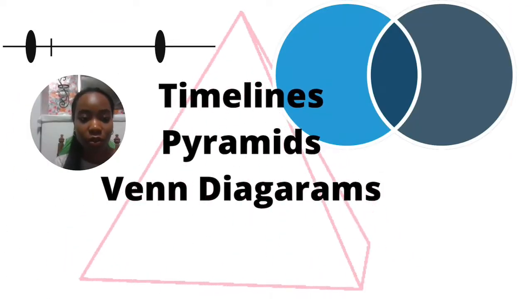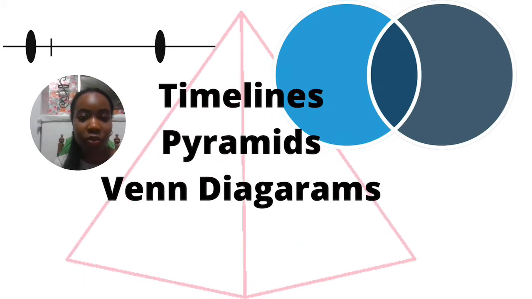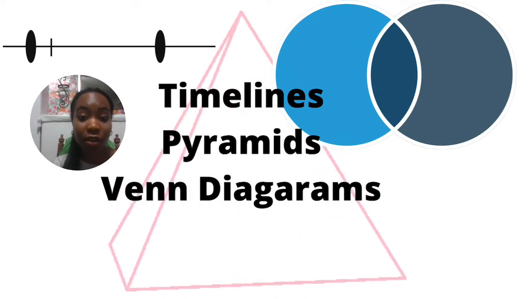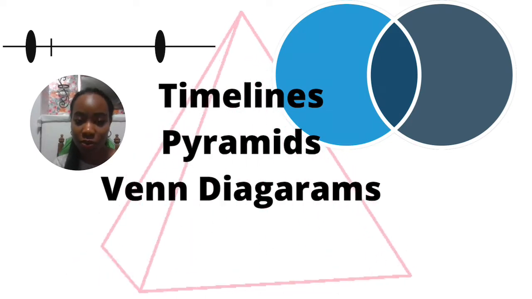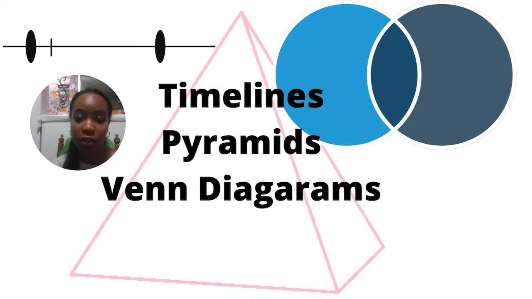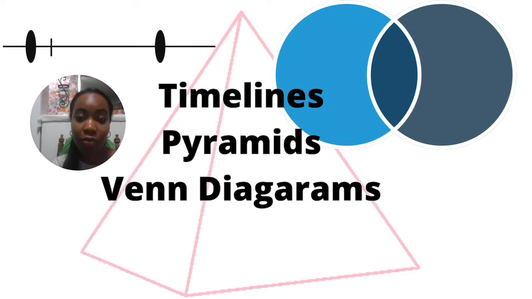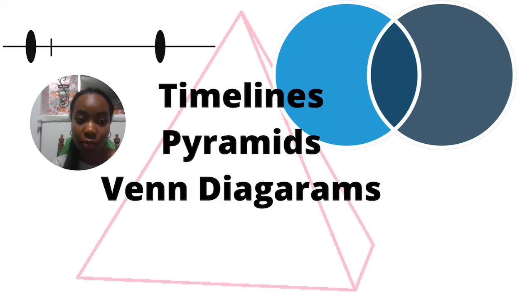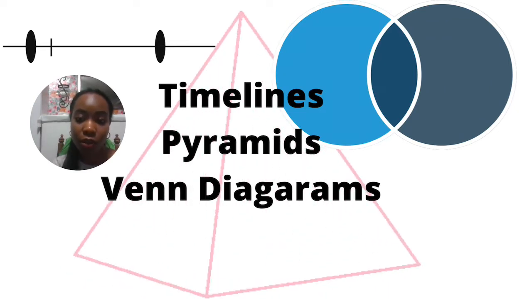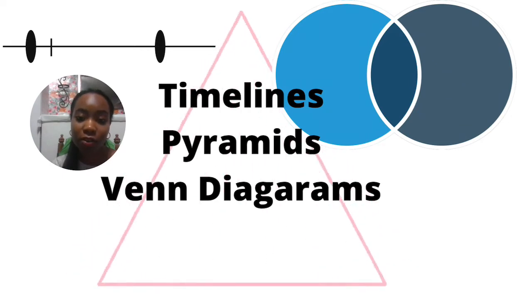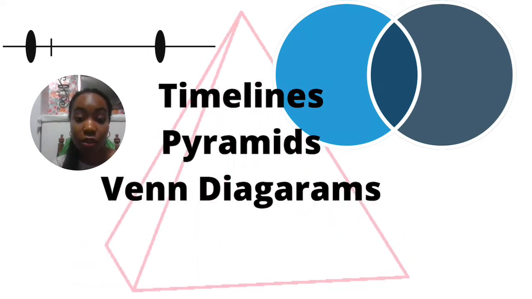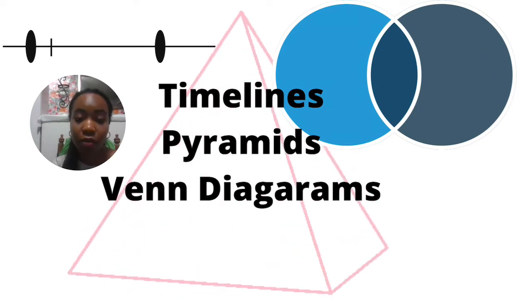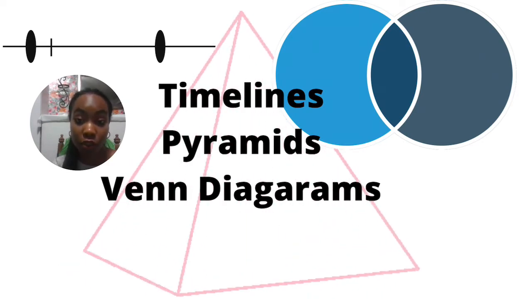Lastly, I do use visuals such as timelines, pyramids, and Venn diagrams. Again, I'm not a math teacher, so I mostly use these to help students visualize information they are learning and to help them analyze it. For example, Roblyer and Hughes in their 2019 text discuss on page 134 how students can use visuals such as timelines, pyramids, and Venn diagrams to support visualization.